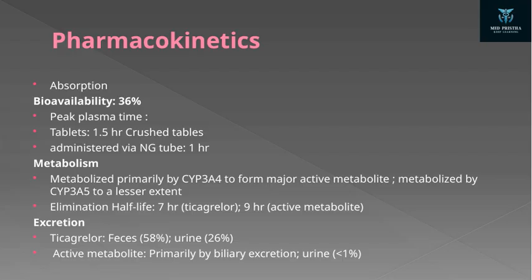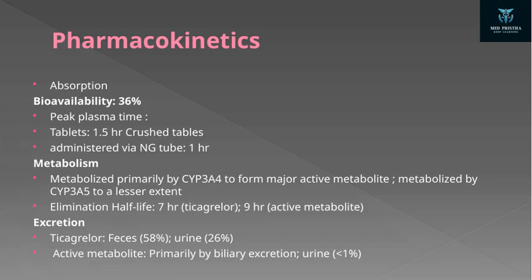Moving on to metabolism, the drug is primarily processed by the enzyme CYP3A4, which converts it into its major active metabolite. There's also some metabolism by CYP3A5, but to a lesser extent. Understanding these enzymes is important, especially when considering potential drug interactions.